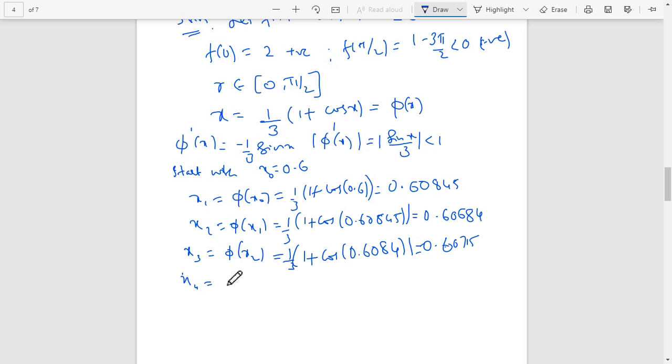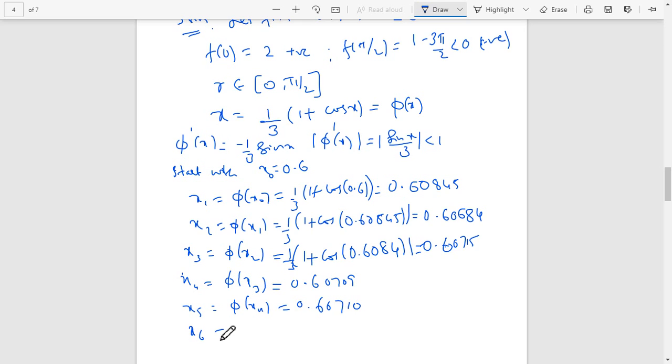Now check x4, it is phi of x3. Repeat the same procedure. You get 0.60709, and x5, phi of x4, that is 0.60710.